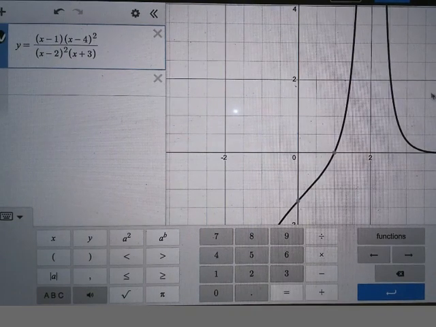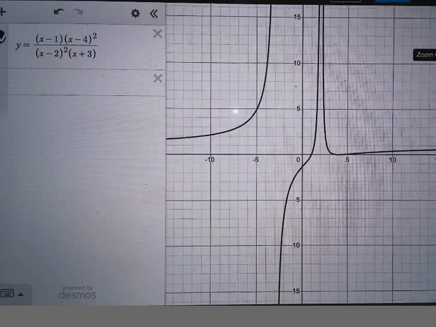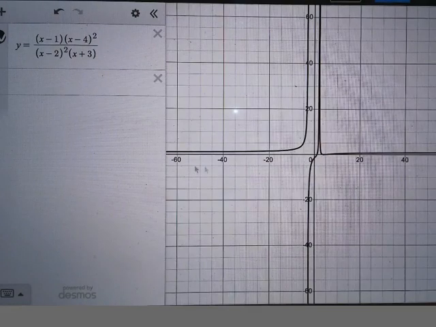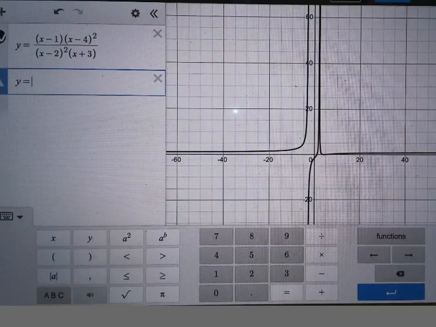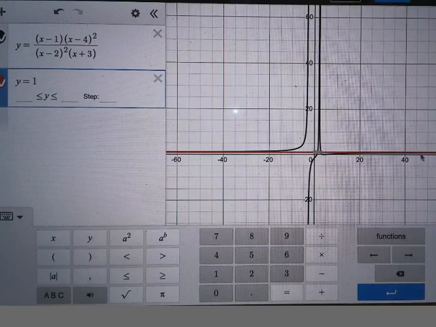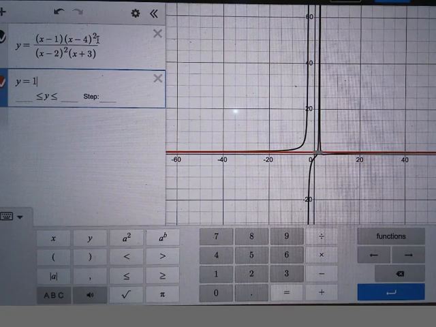Now, let's see. What do we want to talk about next? Let's talk next about end behavior. So if I back out, notice this one is approaching a height of y equals 1. If this numerator were multiplied out, what would be the degree?